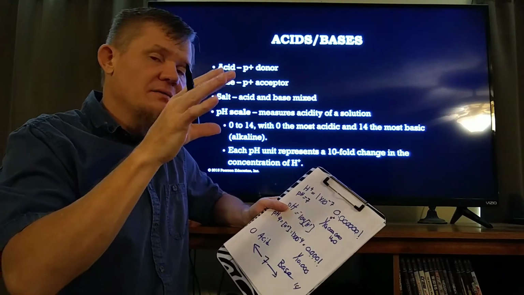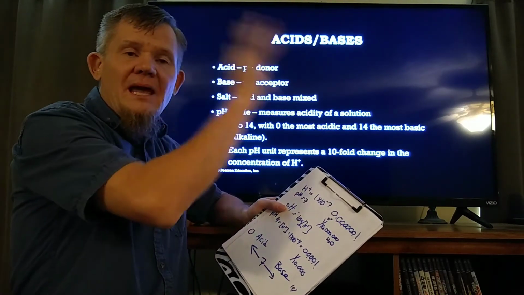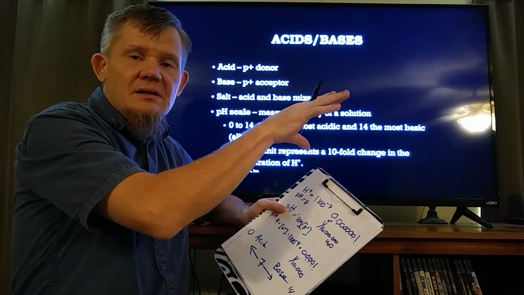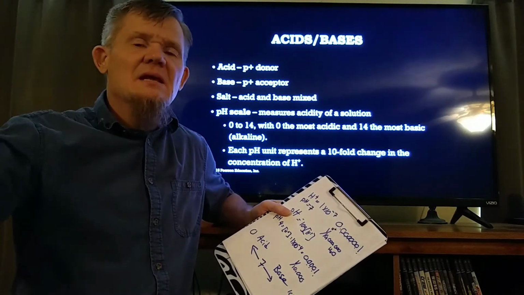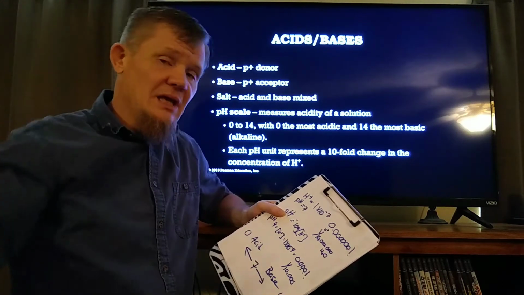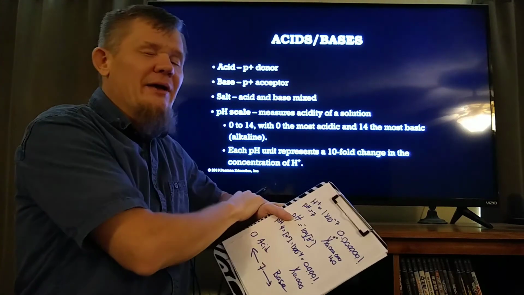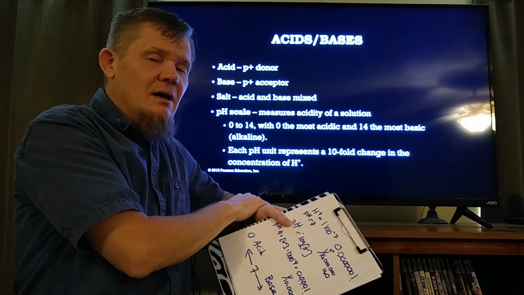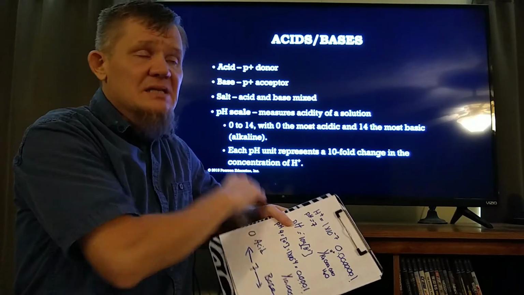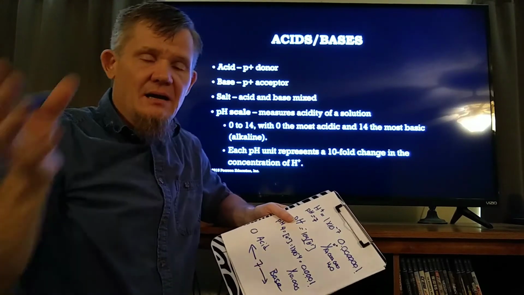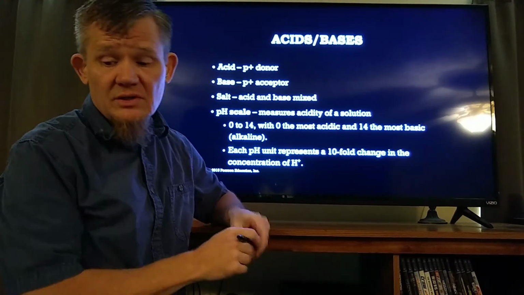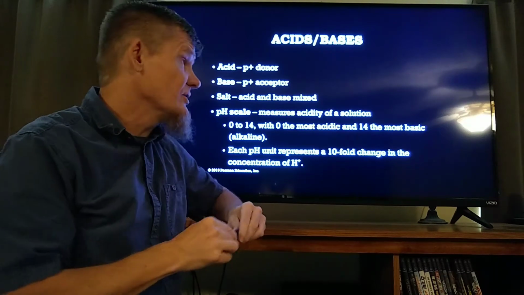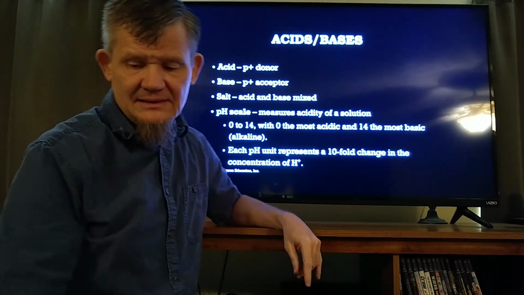So if I have an equal number of H pluses, hydrogen ions, and OH minuses, hydroxide ions, then I'm going to have a neutral pH. Acid means I have way more hydrogen ions than hydroxide ions. Base means I have way more hydroxide ions than I have hydrogen ions. Acids, bases, and salts. And we already talked about how a salt is an equal mixture of an acid and a base.